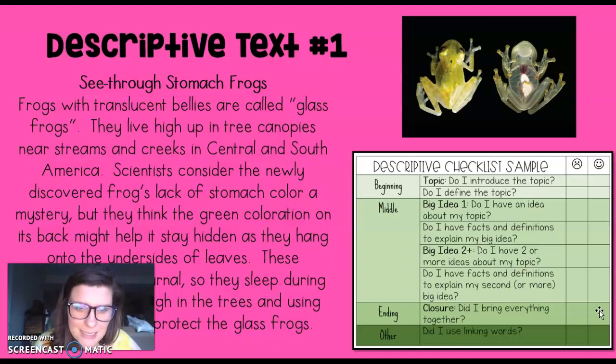Now, I'm not seeing those type of linking words. So I would put like maybe a line in the middle and go back and add some, but this example, descriptive text number 1, is definitely a descriptive writing piece. It passes all of our smiley faces. It could use some linking words, but that could just make it better.